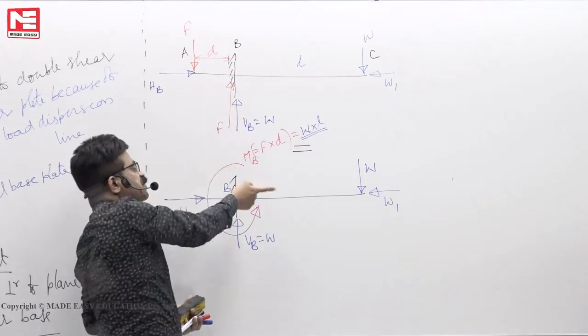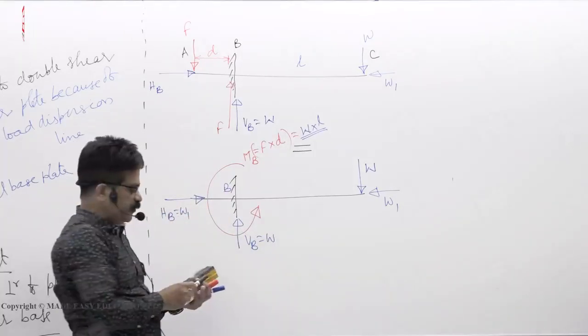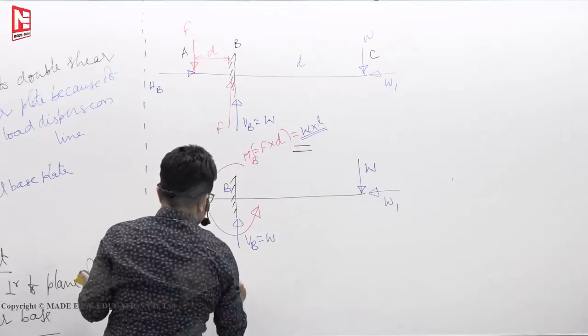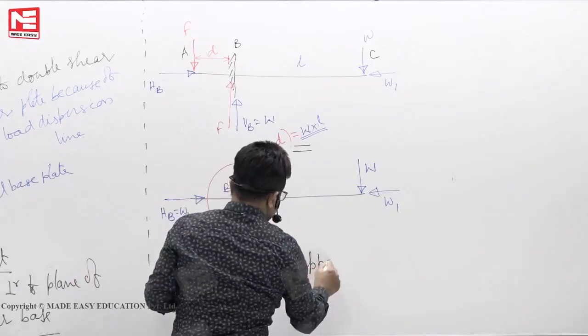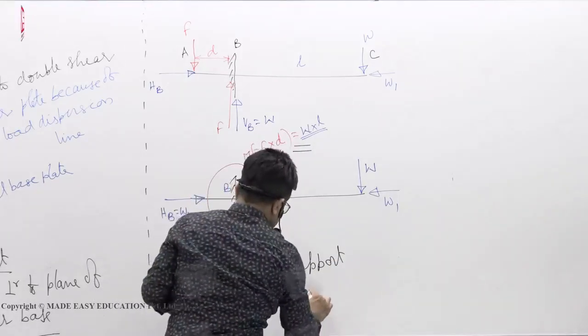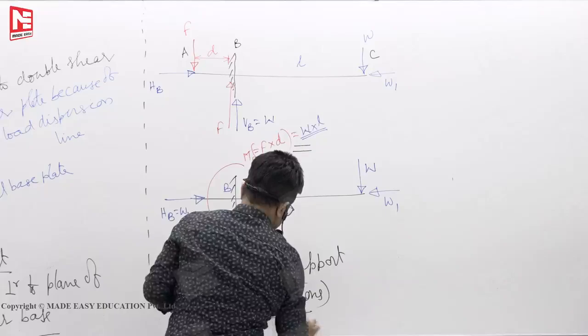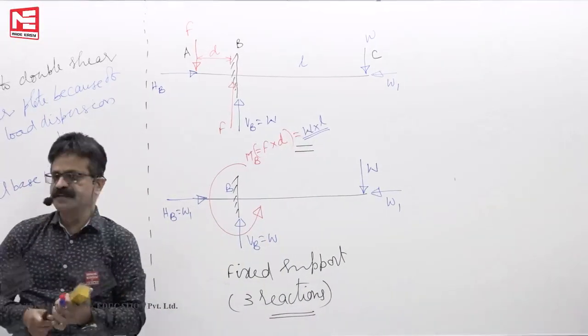Without such a couple, this type of curved arrow marks cannot exist. So this is your fixed support. This will exert three reactions.